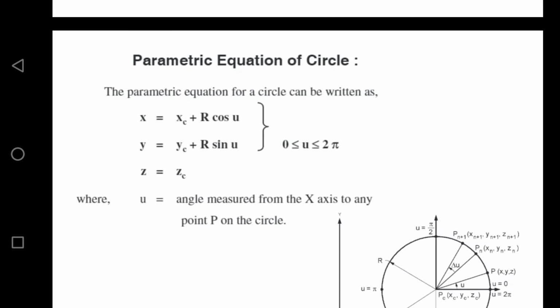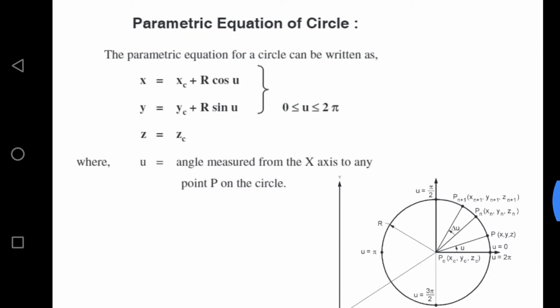So if I write the parametric equation of a circle for point P, I need to write x, y and z values. So x equal to xc plus r cos u, y equal to yc plus r sin u, and z equal to zc. So what does it mean, x equal to xc plus r cos u?